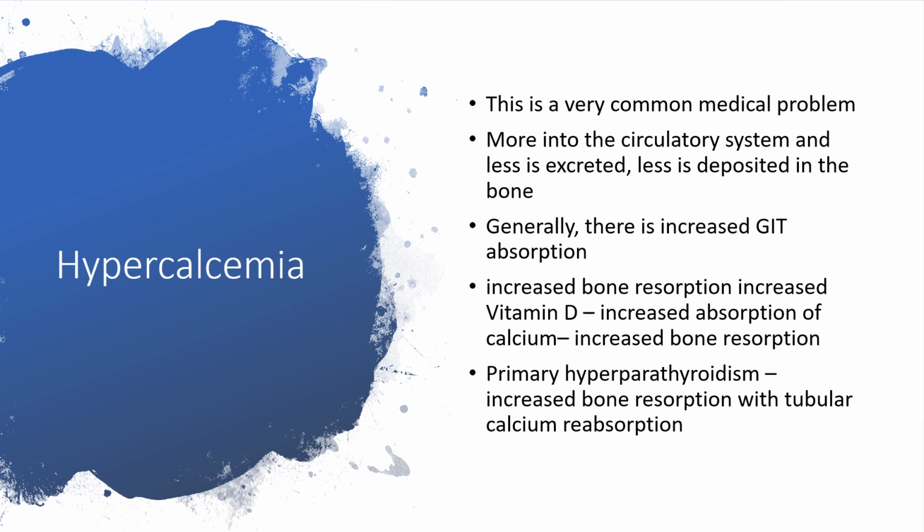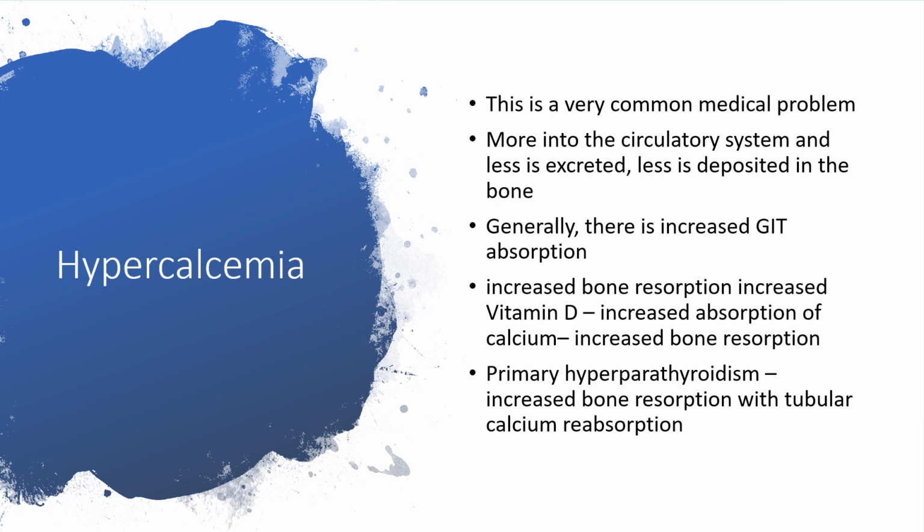Hypercalcemia is a very common medical problem. If more calcium is in the circulatory system, and less is excreted, less is deposited in the bone, then we're in trouble. Generally, there is increased gastrointestinal tract absorption, and that's why we have high level in the circulatory system. Or there's increased bone resorption.